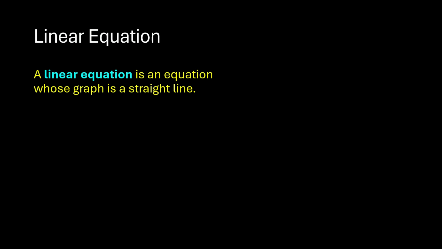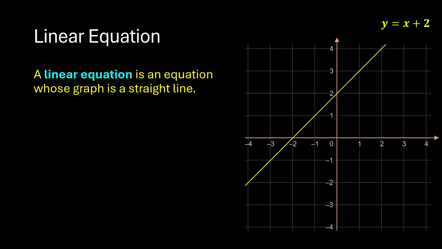Now let's take a look at the linear equation. A linear equation is an equation whose graph is a straight line. So for example, we have here y equals x plus 2. Notice that the y-intercept is at 2. And the gradient equals the change in y divided by the change in x.